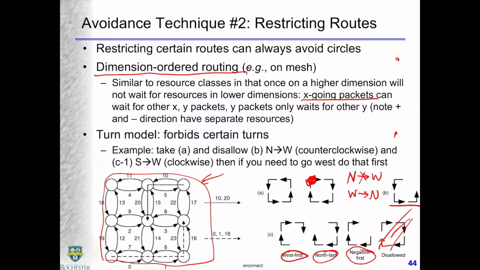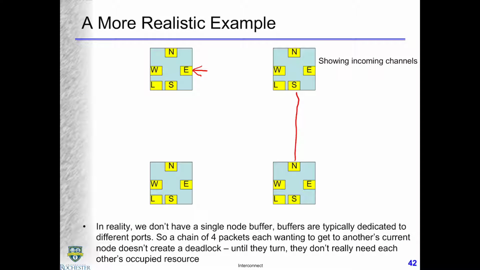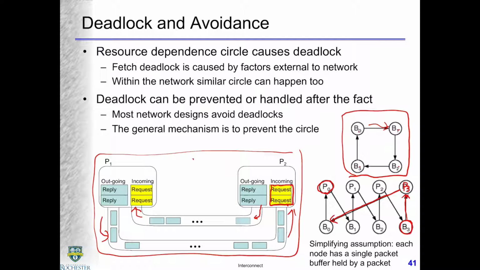And they eventually will get to their destination. I'm here, I'm going there. If packets are being taken out from the network, eventually I will move in that direction. Okay, that's the nice thing. Again, assuming we don't have fetch deadlock.